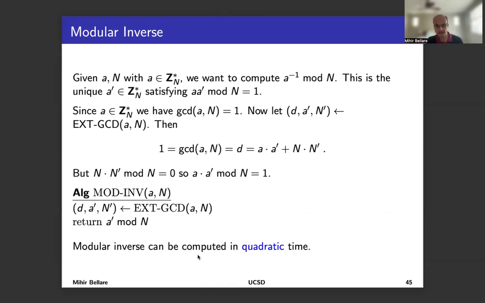And now we come to something we really do need and use a lot. One of the reasons we studied extended GCD in a little more depth is that we leverage it to get this.